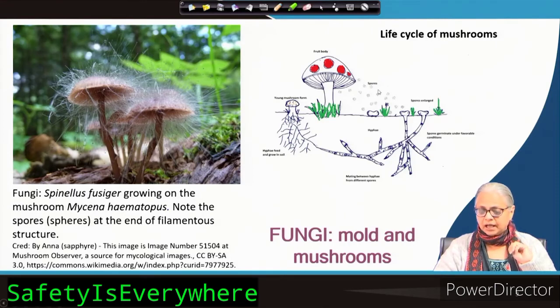Now, how do these mushrooms propagate? Let's say a spore forms and drops off from the original fruiting body, and it falls in a place where there are favorable conditions. So what are the favorable conditions? Mushrooms will generally be found where there is ample moisture and ample nutrients.